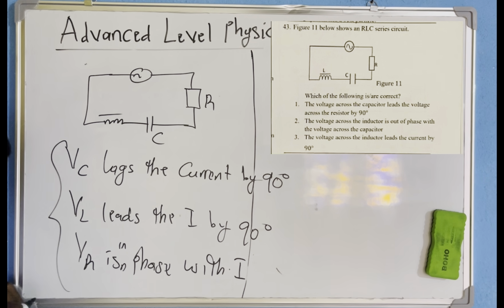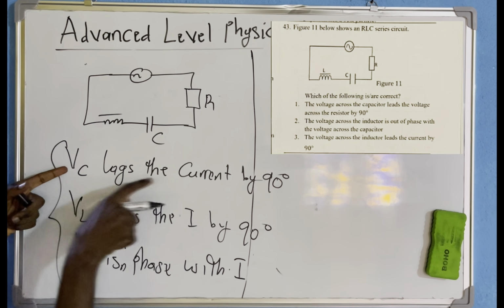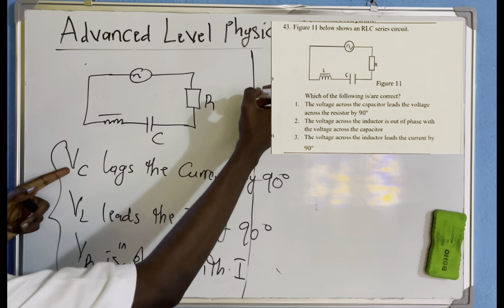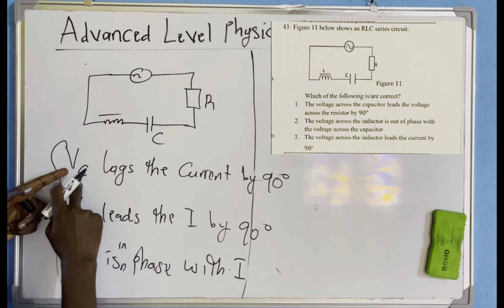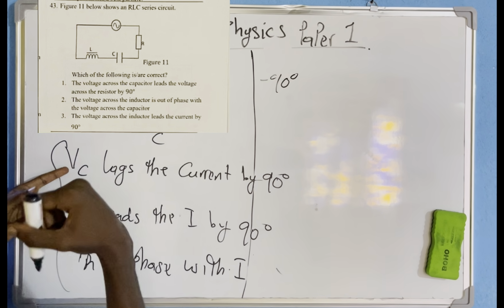So as I was saying, the first statement is: the voltage across the capacitor leads the voltage across the resistor by 90 degrees. Is it correct? Let us come back. The voltage across the capacitor lags the current by 90 degrees. It means that the angle between VC and the current is negative 90 degrees. That is the meaning of lag: it is behind.